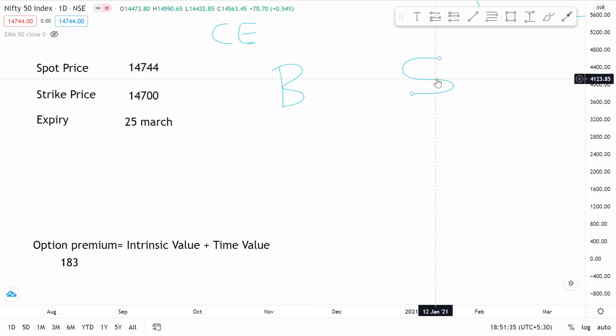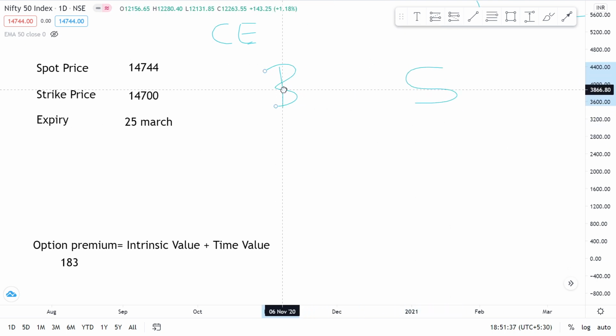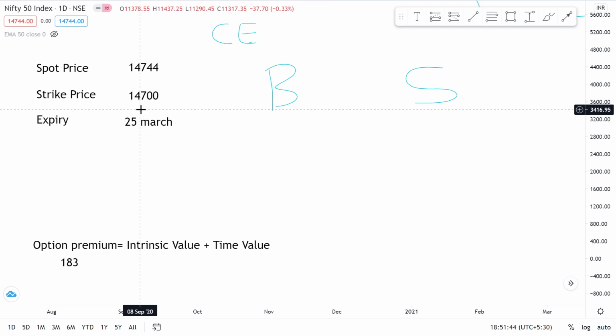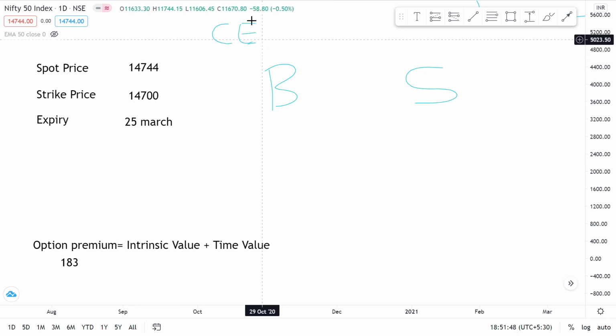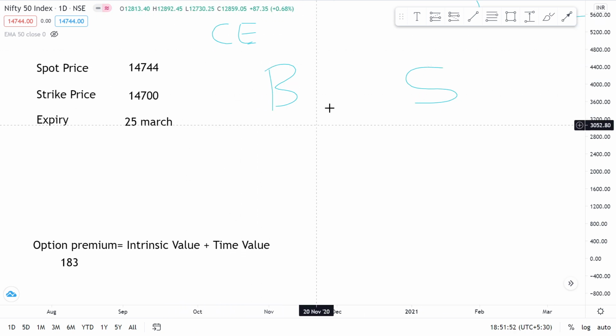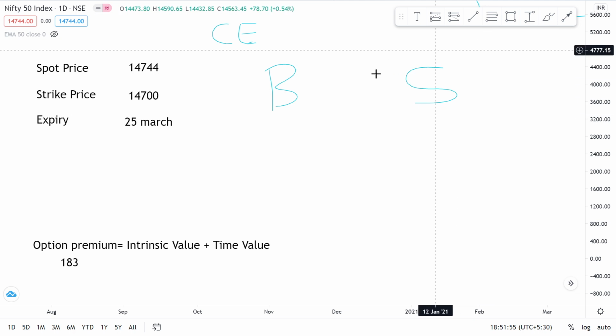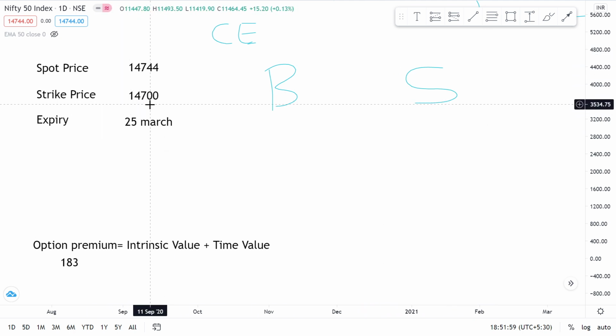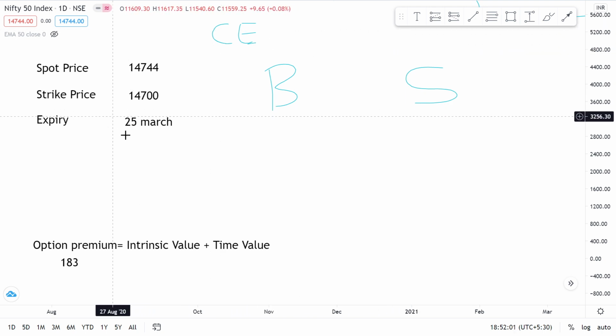Now how options function, what an option basically is, it is an agreement between the option buyer and the option seller. Suppose for this option we have a strike price of 14,700. The call option buyer agrees to buy this from the option seller at the price 14,700. That is the agreed upon price, and on the date 25th March.